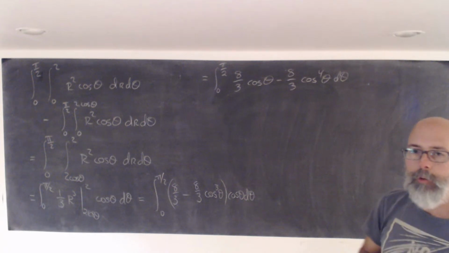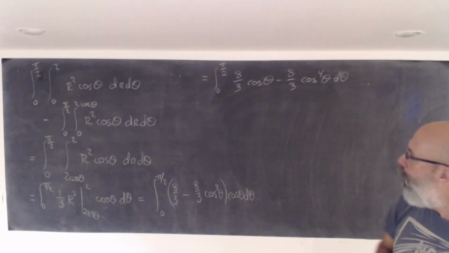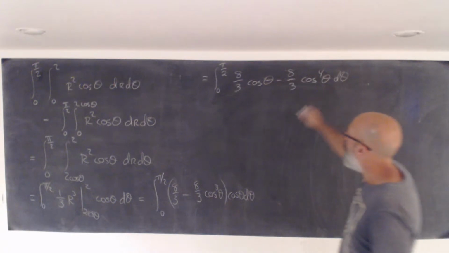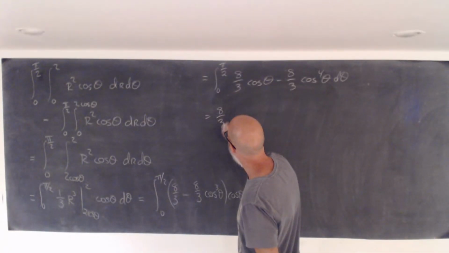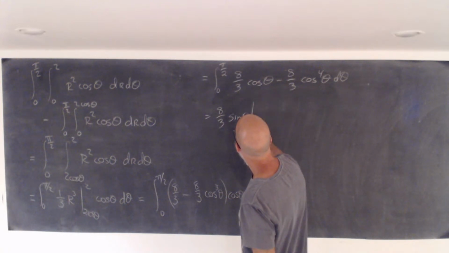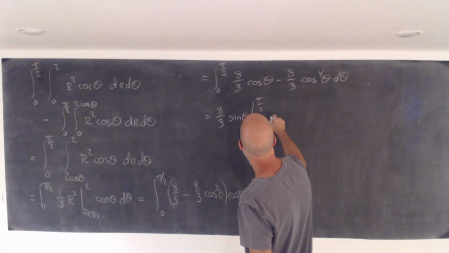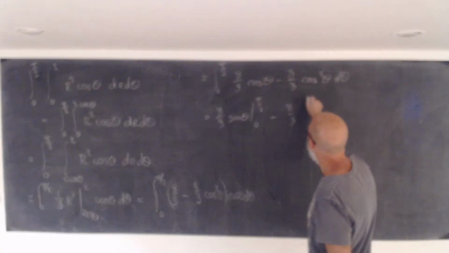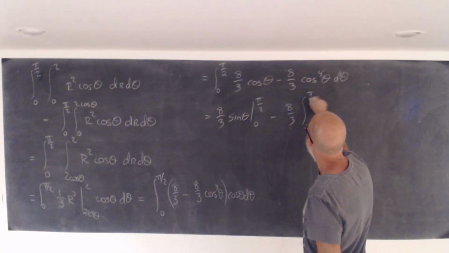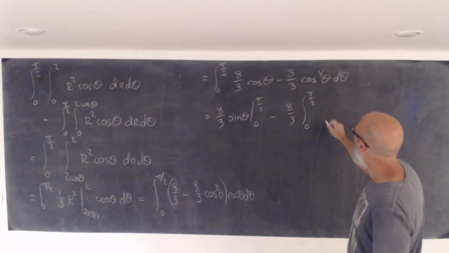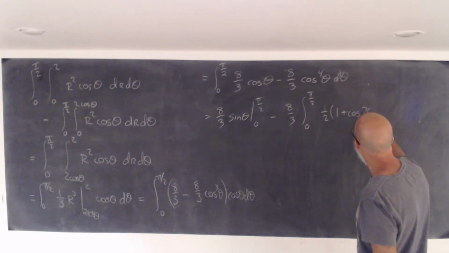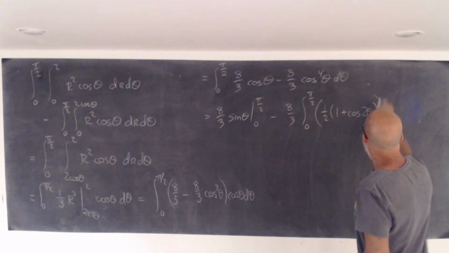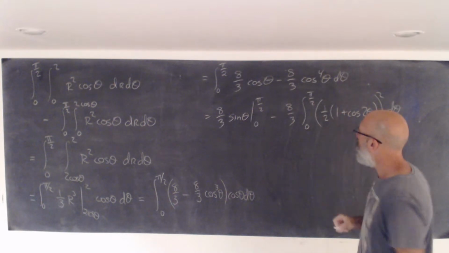And while the cosine to the 4 is a bit, I mean, I wouldn't say tricky, but you know what to do, right? You're going to rewrite this. So first of all, let's do this one. That's 8 over 3 sine from 0 to pi over 2, minus 8 over 3. Cosine to the 4 is cosine squared, which is 1/2 1 plus cosine 2 theta, all squared, half angle, right?